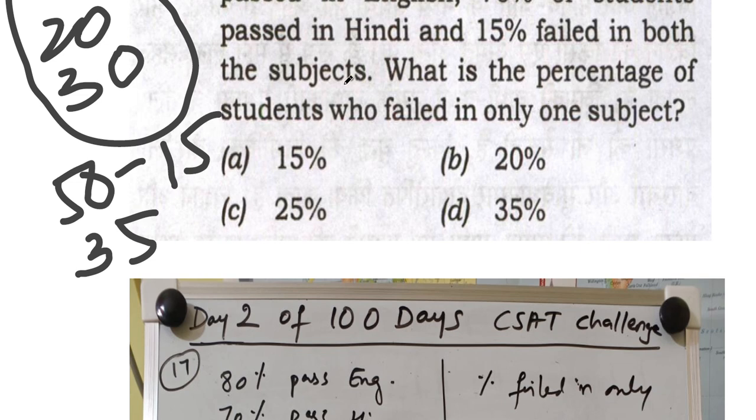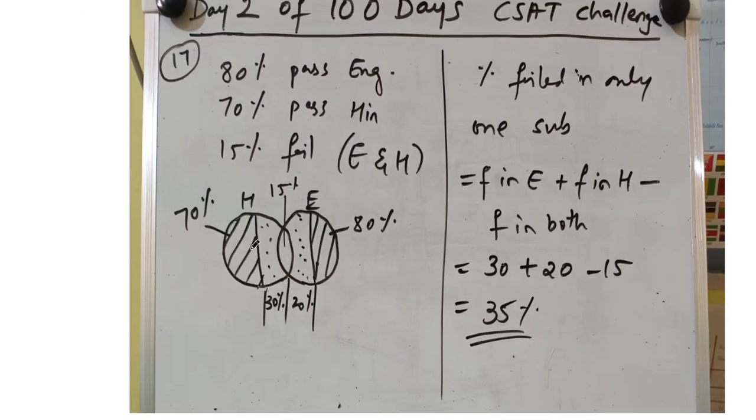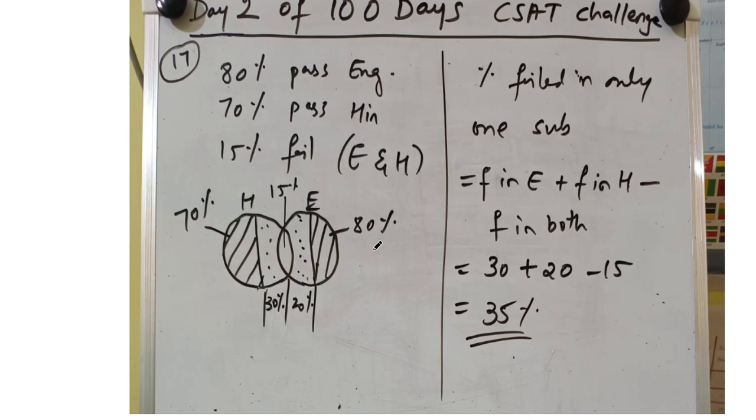The question they asked is the same only: what is the percentage of students who failed in only one subject? That is 35, right? Even when we see the Venn diagram, you will understand clearly. This is the Hindi circle, the students who wrote the Hindi exam, and in that 70% passed. The remaining 30% failed. English also, 80% passed, 20% failed.